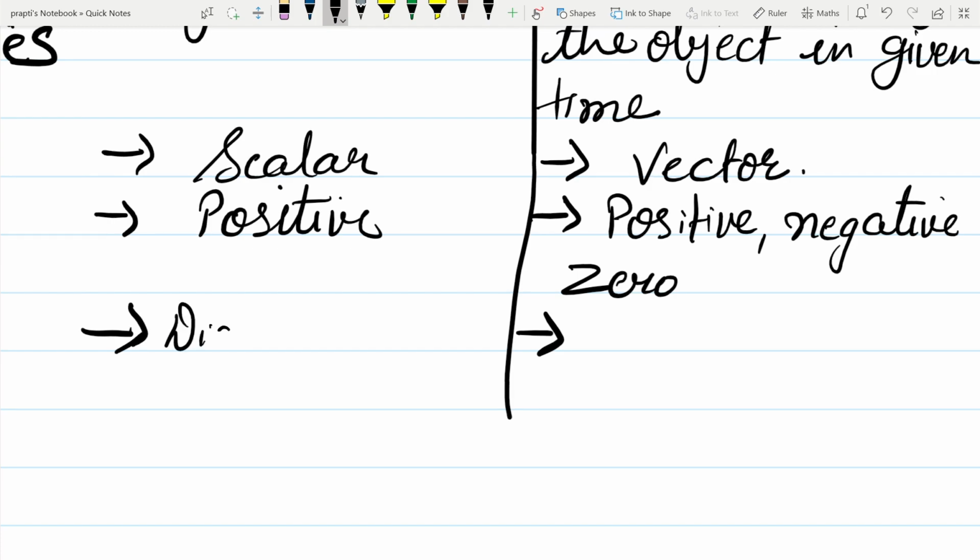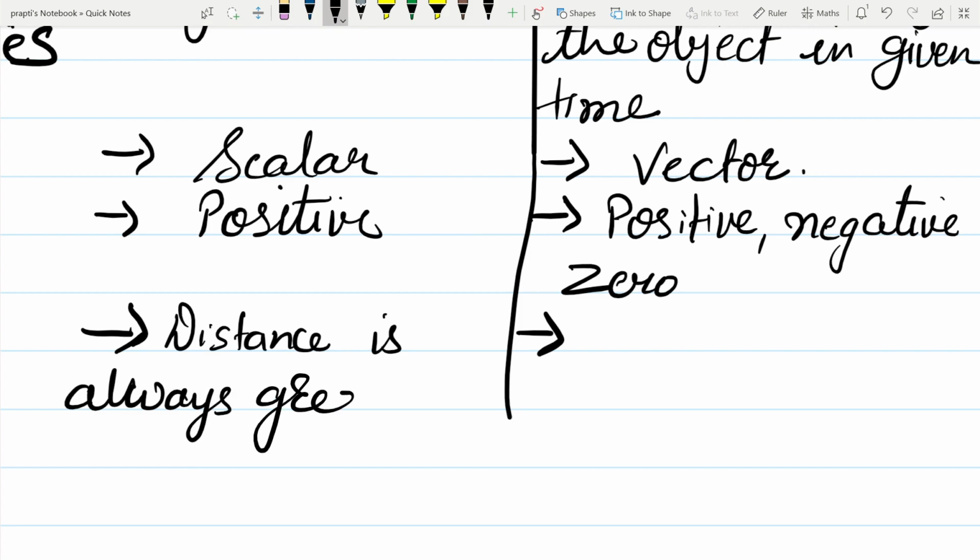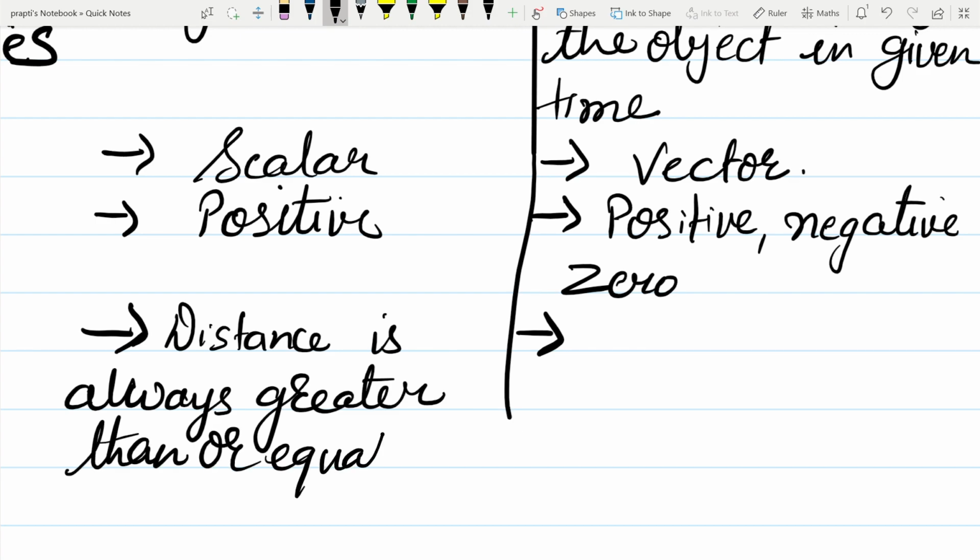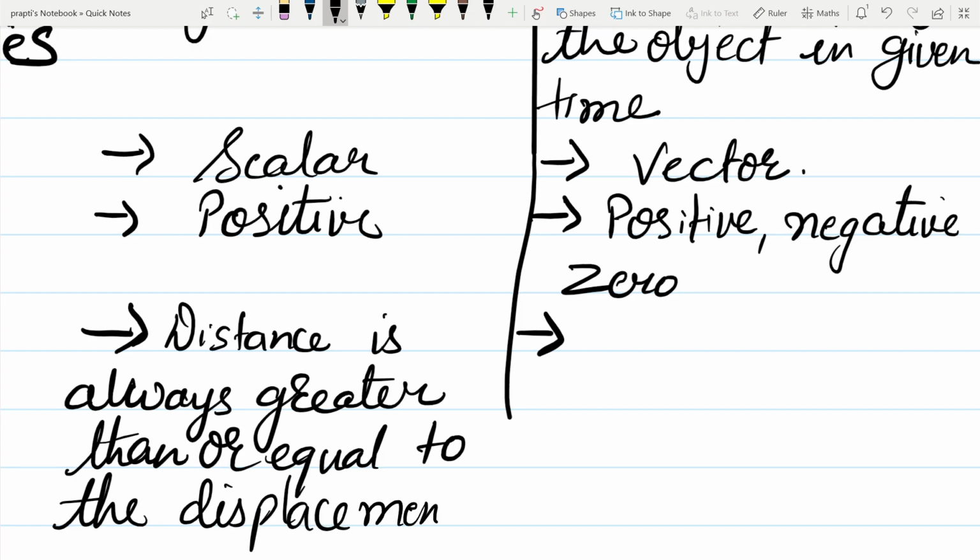That is, distance is always greater than or equal to the displacement. Whereas displacement can never be greater than distance.